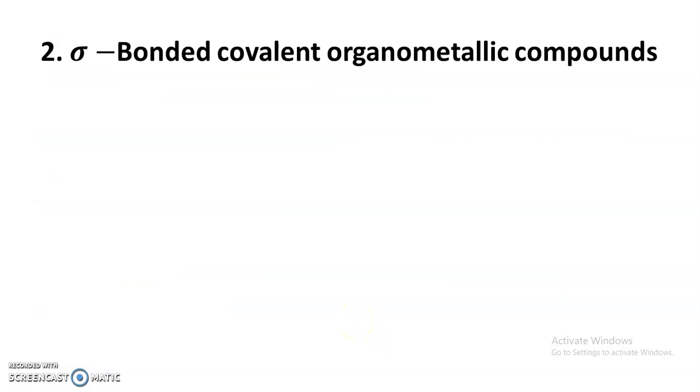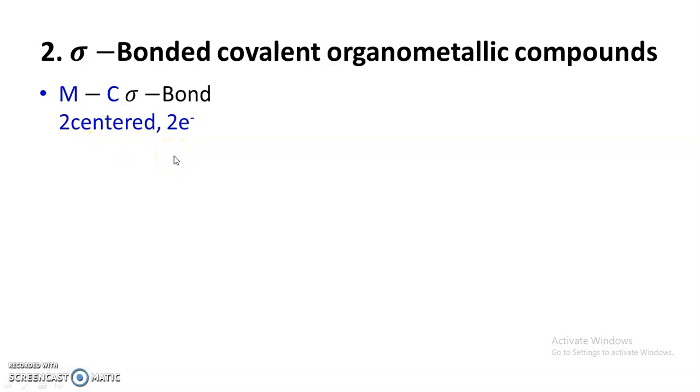Now the second important type is sigma bonded covalent organometallic compounds. The organometallic compounds involving metal-carbon sigma bonds are called sigma bonded covalent organometallic compounds. Normally in these compounds there is a two centered two electron bond.